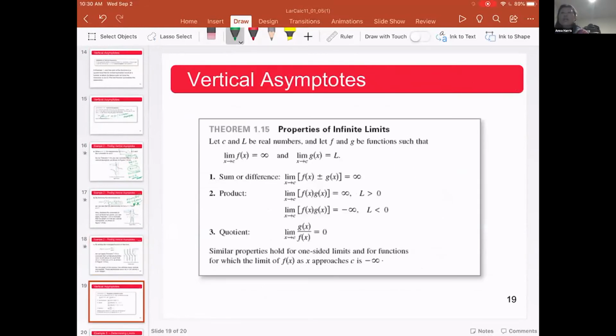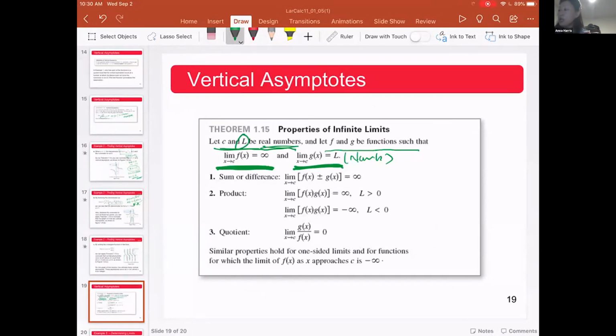Okay, next thing, it's important about the infinity limit. Let c and L be real numbers and f and g be functions such that the first function has infinity as a limit, and the second function has the number L. L is just a number, okay? Just like it says, this is your real number. Then you can do this.